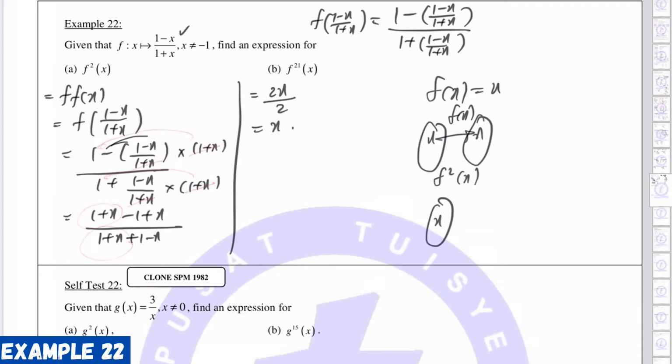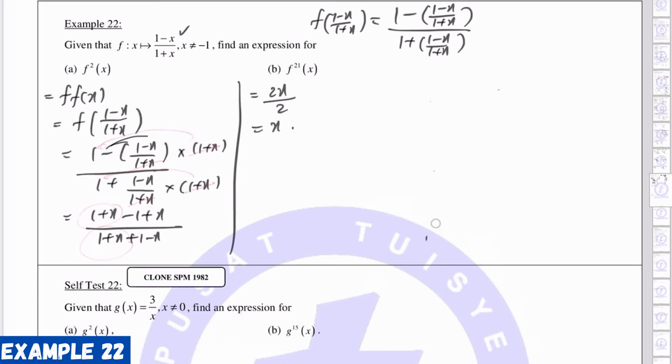So if I have f(2x) on the other hand, it looks something like this. I just want to draw nicely over here. Let me talk about the concept one more time. You want to find f(2x), but before we understand f(2x), let's handle this first. When I say f(x), my f(x) is (1 minus x) over (1 plus x).